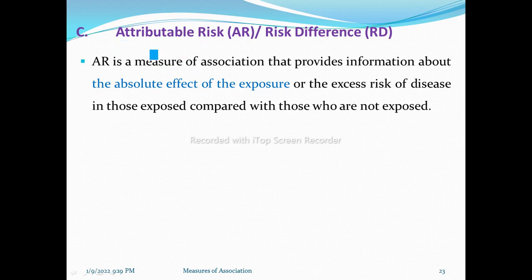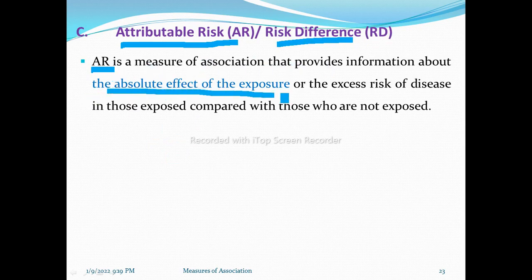So now we will start with attributable risk, or we can say risk difference. AR means attributable risk, ARD means risk difference. Attributable risk is a measure of association that provides information about the absolute effect of exposure, or the excess risk of disease in those exposed compared with those who are not exposed.